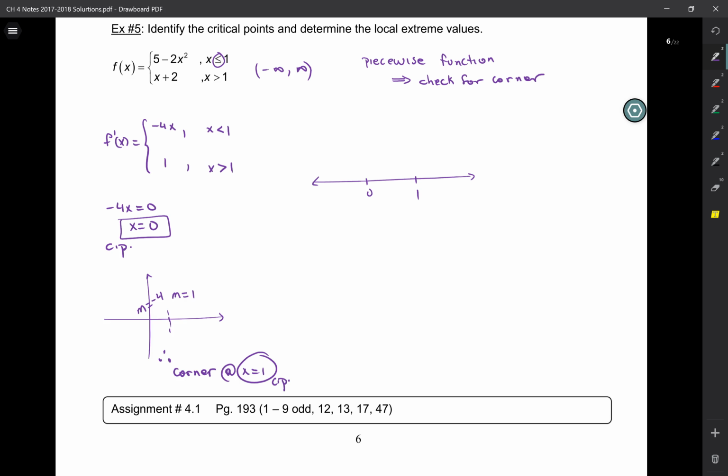All right, let's plug a number less than 0 into f prime. Okay, negative 2. Is it positive or negative? Positive.